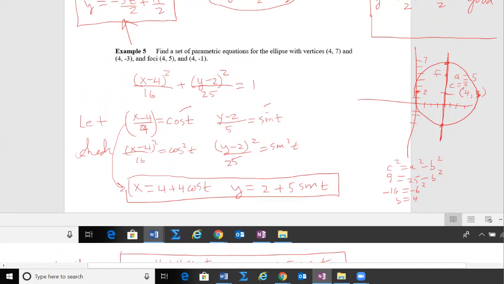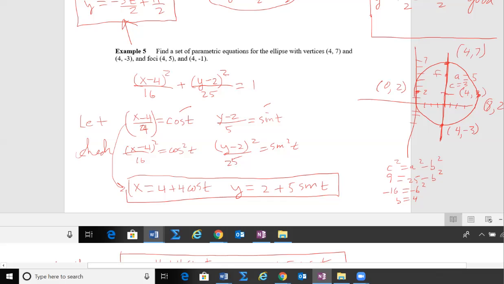And this point over here is at 8, 2, we can see. And this point here is obviously 0, 2. And this one up here is, we saw that already, that was our 4, 7. And this one was my 4, negative 3.